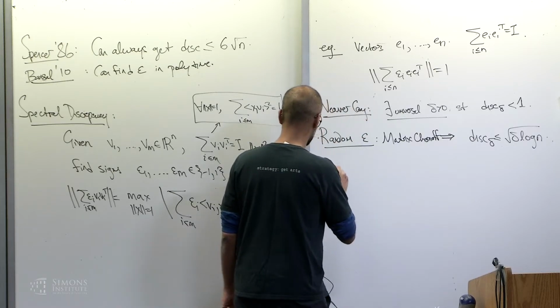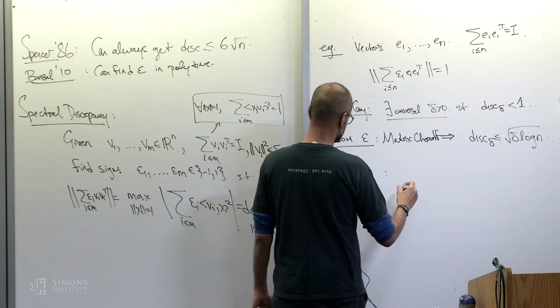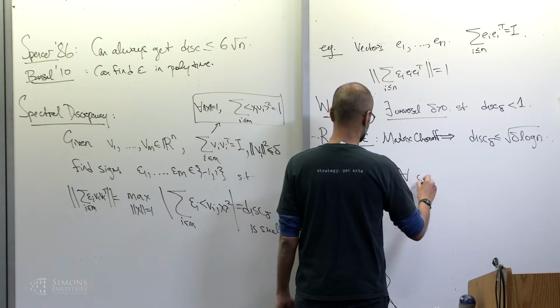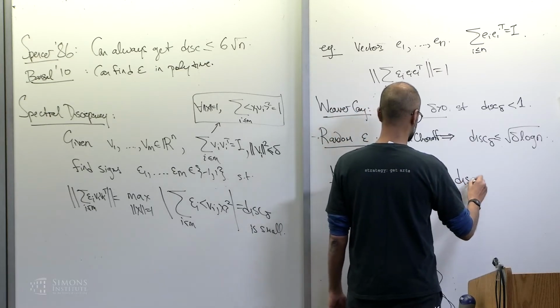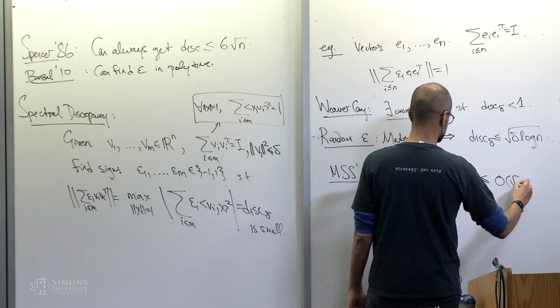The theorem that we proved quite a long time ago is that for any delta less than a quarter, the discrepancy is order root delta.